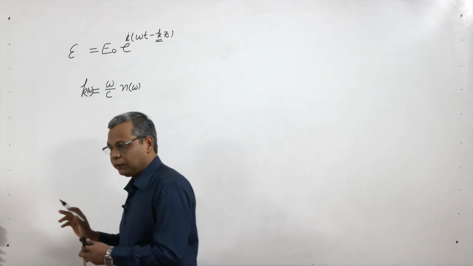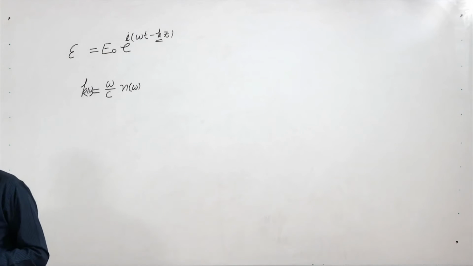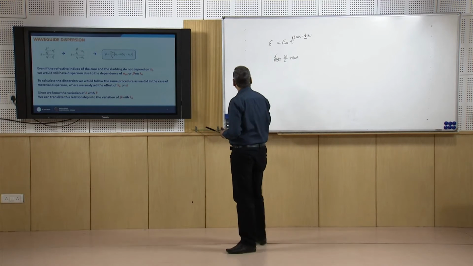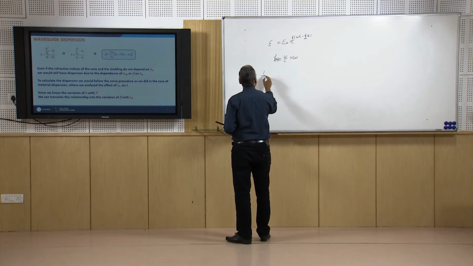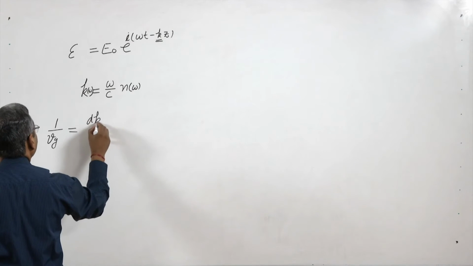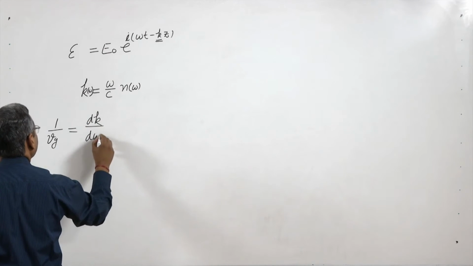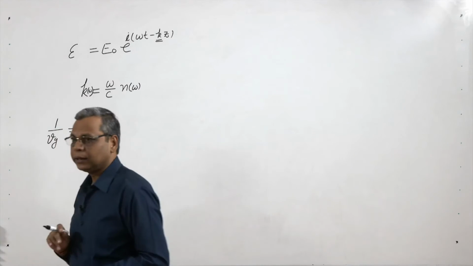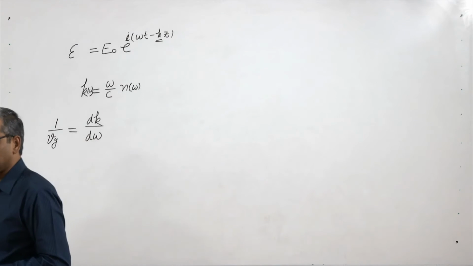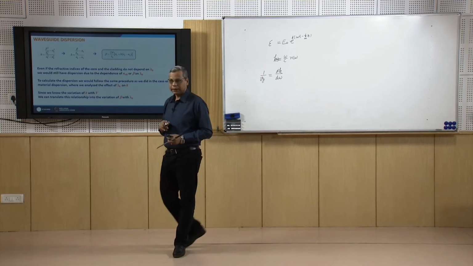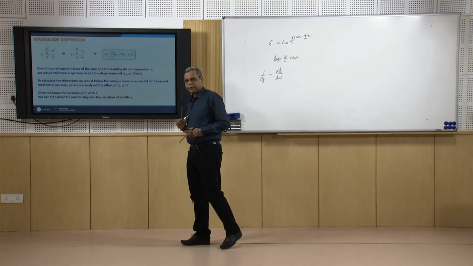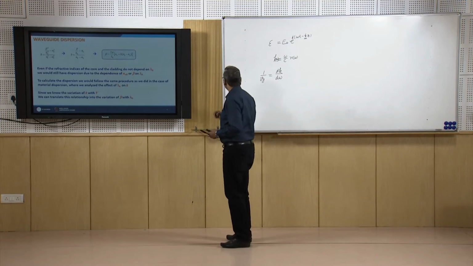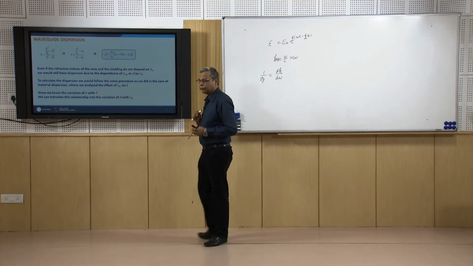And I know that if there is a group of waves, if there is a pulse, then the group velocity can be given by 1 over Vg is equal to dk over d omega. And that is how we obtained the group velocity and then transit time and subsequently the material dispersion. In case of optical fiber, I don't have plane waves, but I have modes.